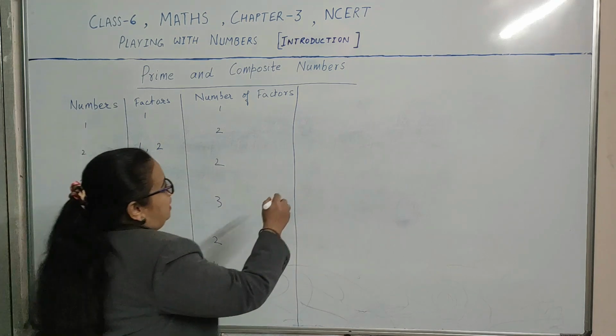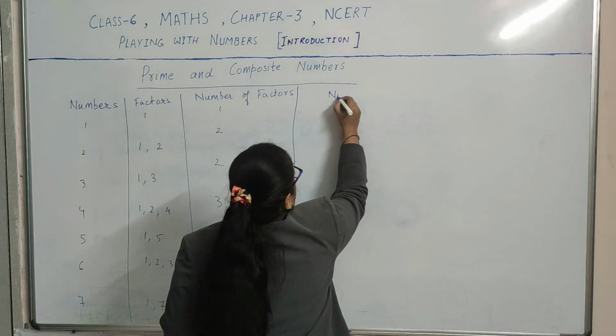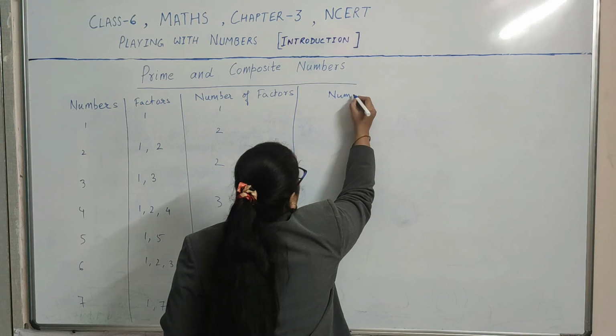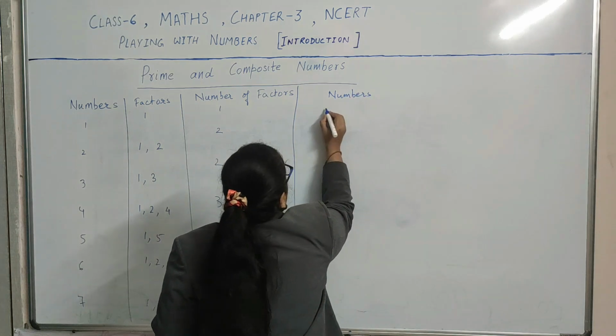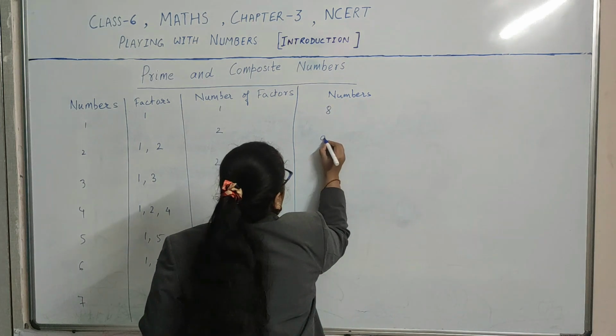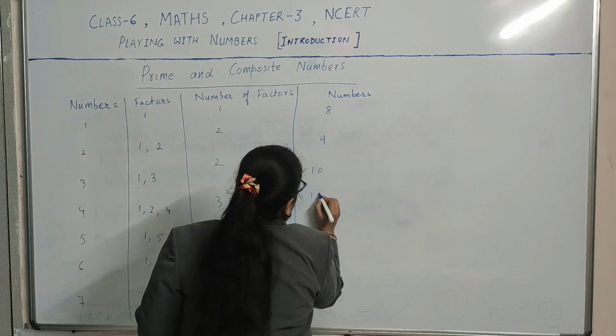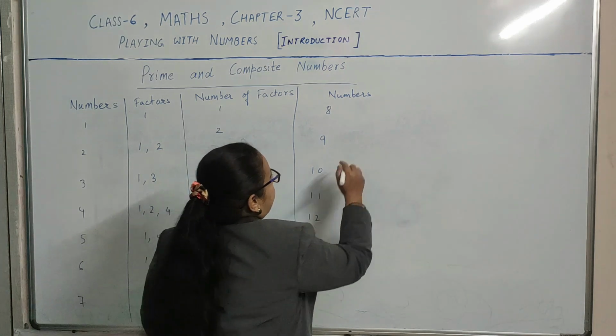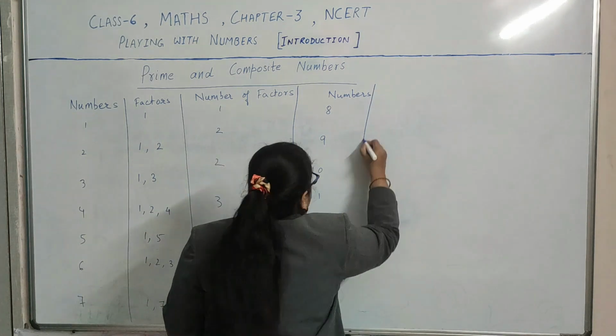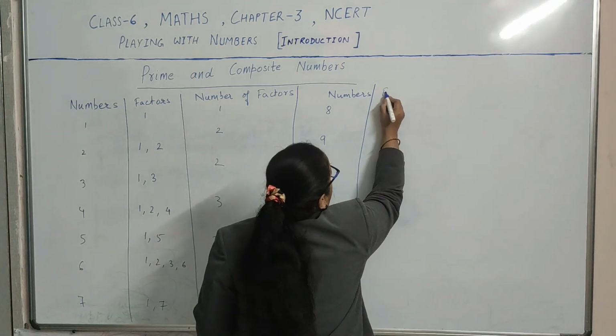Now I will take some more numbers: 8, 9, 10, 11, 12, 13. Up to this I will take. Now the factors. What will be its factors?